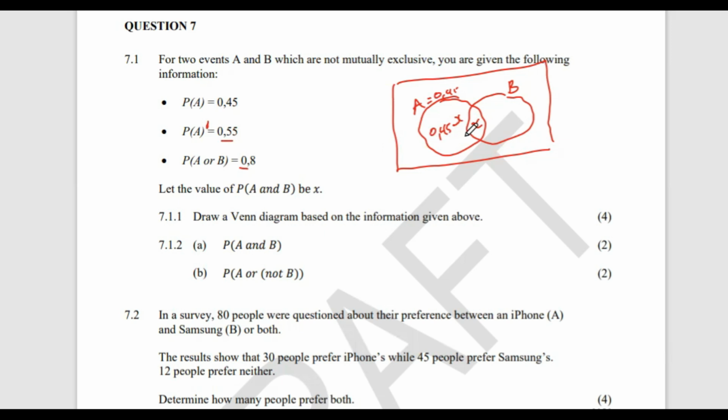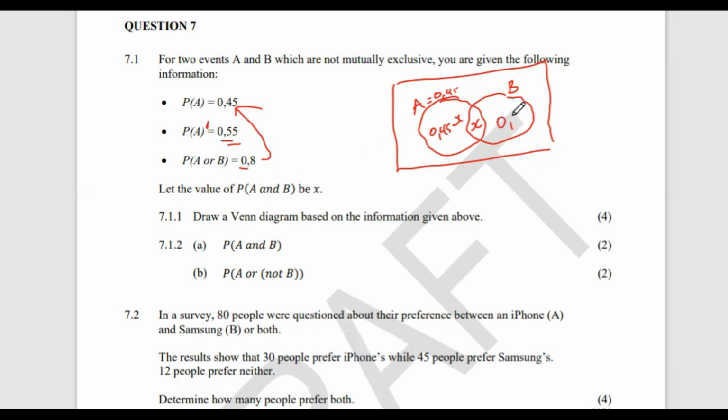It's a bit tricky. Because the complement, what is outside of A is 0.55. So if I get 0.8, I subtract 0.45. 0.8 subtract 0.45, I'm getting 0.35.